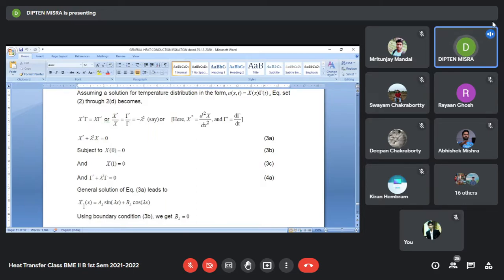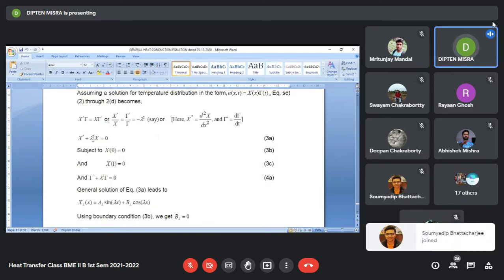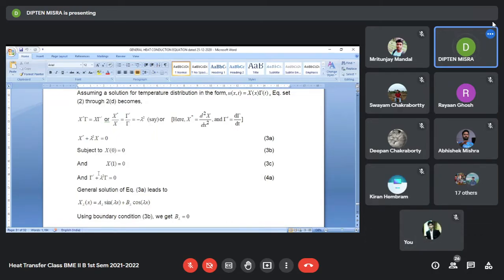That means for each and every value of lambda, we have a specific solution for X. Each such specific value is called an eigenvalue. That is, for typical values of lambda, the whole system will be satisfied. Those typical values are called eigenvalues. What those typical values are, we will discuss later on.